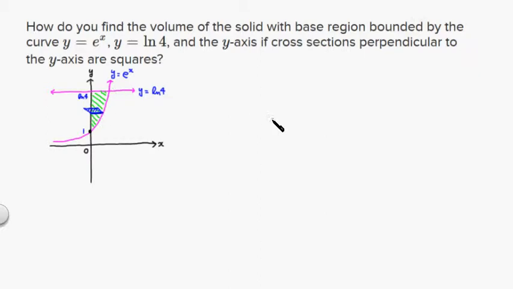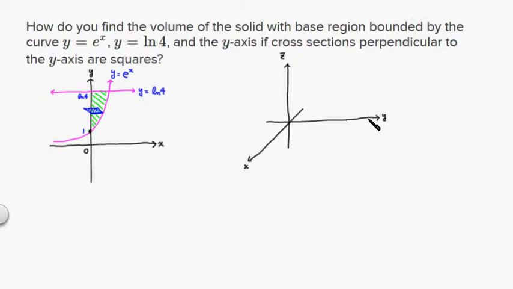So let's say here's the x-axis, and here's the y-axis, and I'm going to put in the z-axis just to make it look more three-dimensional. So here's z. Let's sketch this region.